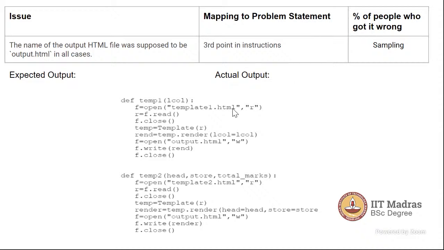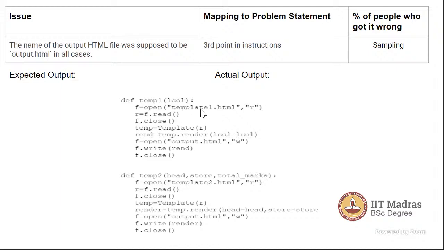I would not say that this is completely wrong, but I am not sure if this submission would have got any marks. The reason is that you can see whoever has submitted it is trying to open an HTML file in reading mode. As I said, your Python script is being executed by some other program, and it doesn't matter where you keep this file, at whatever folder or location.